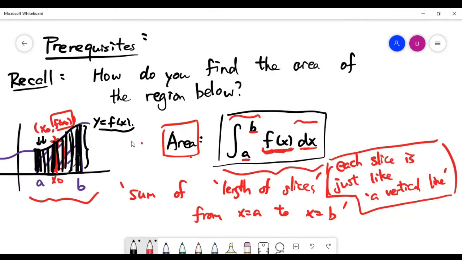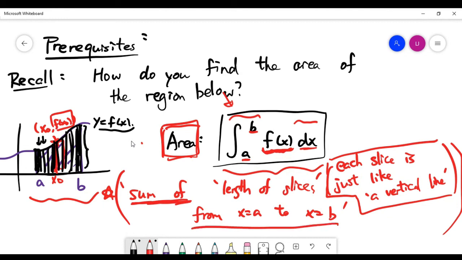So essentially, to find the area of the shaded part, it's really like you are summing up the length of each slice, from the slice starting at x equals a to the slice ending at x equals b. I want to emphasize that this concept based on integration is essentially the same as summing something. So please keep it in your mind. And when we learn the volume method later, this concept becomes very important for you to understand how to write the volume formula.